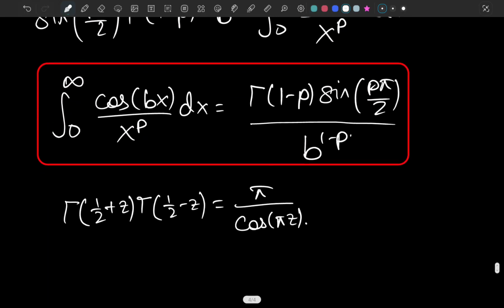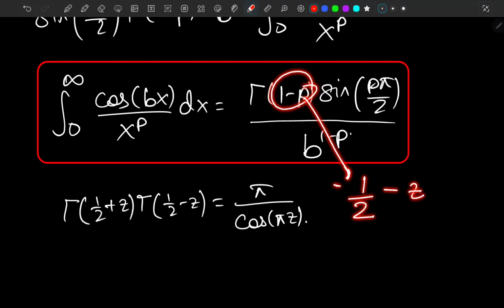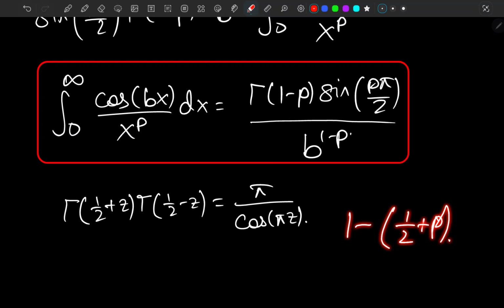And we are having some sort of 1 minus p here, so we can write that as 1 over 2, and it's minus, so we can write that as 1 minus 1 over 2 and minus p, or maybe we can write that as 1 minus 1 over 2 plus p. Yeah, we can write that, and that's going to be our argument.